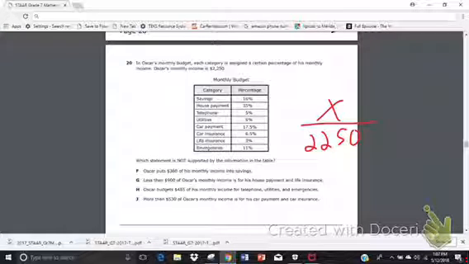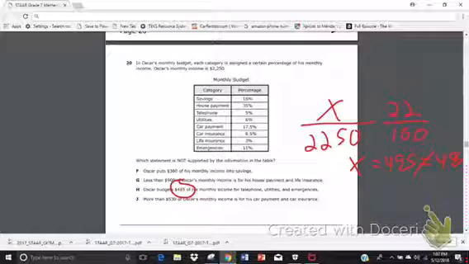When you add his telephone, utilities, and emergencies, that is 22% of his total income. And when you cross multiply, you end up getting $495 as an answer. That is not equal to $485. So that is a correct answer, kiddos, in that space, because $495 does not equal $485.